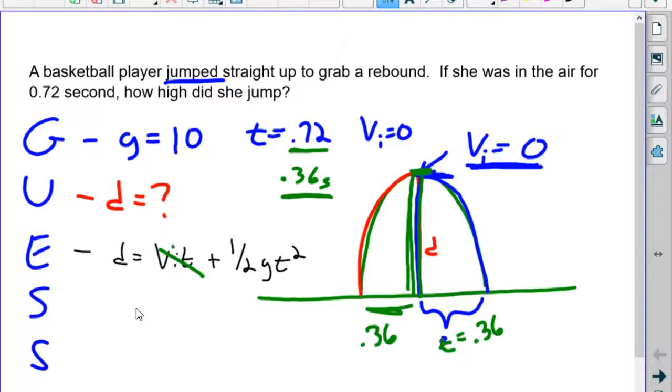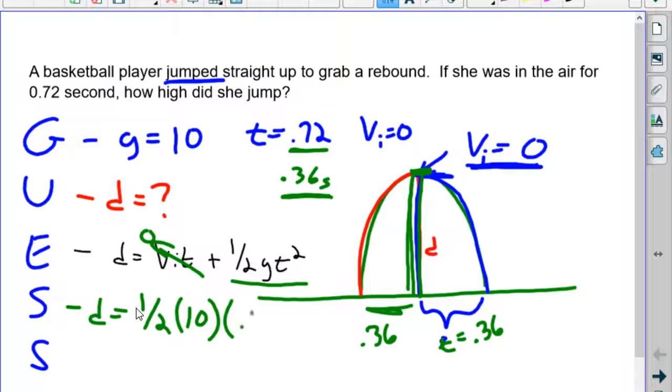Okay, so my vi over here is 0, so my vi t is all going to go to 0. So I don't even need that part. When I substitute in, I'm only going to substitute into the 1/2 g t squared. So I'm going to say d equals 1/2 times 10 times my time. And again, I'm going to use 0.36, and I have to square that.